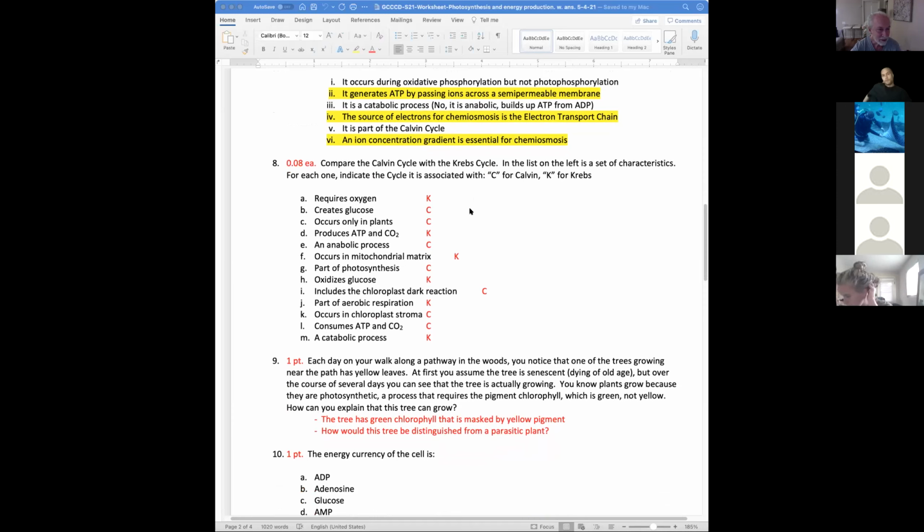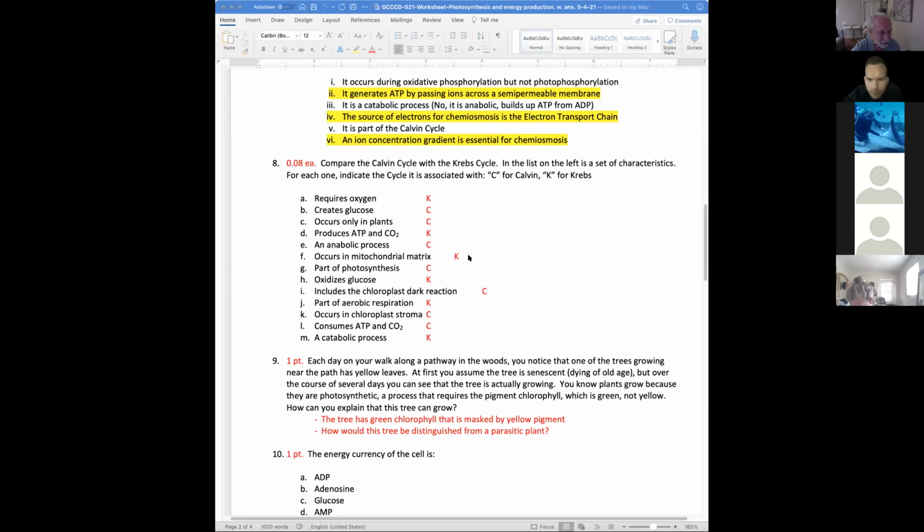Calvin cycle and Krebs cycle. Each of these processes belongs to one or the other. I think only one or two people got all of them correct. Most people missed two or three. Anyway, it requires oxygen, and we'll talk a lot more about oxygen and lack of oxygen today. That's the Krebs cycle. Creates glucose is Calvin, occurs only in plants is Calvin. Produces ATP and carbon dioxide, that's Krebs.